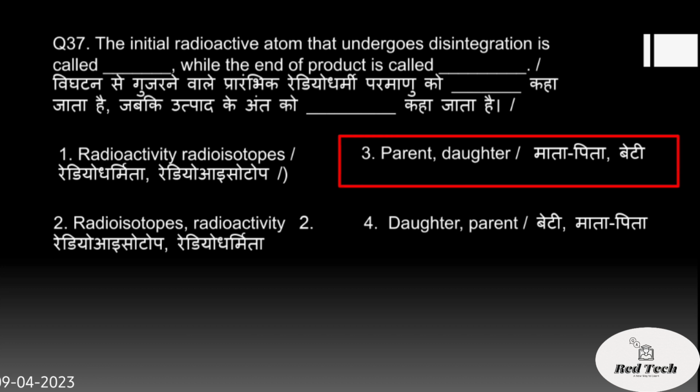The initial radioactive atom which undergoes disintegration is the parent, and the end product which comes out of that radioactive atom after disintegration is the daughter. It is basic understanding. So option number third is the right answer.